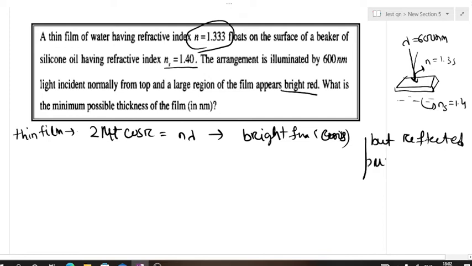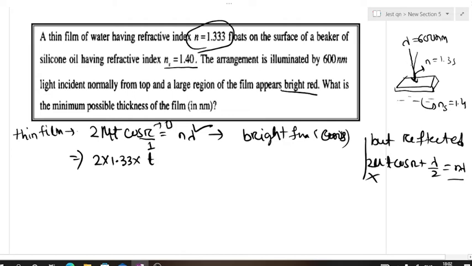That will be 2 mu t cos r plus lambda by 2 equal to n lambda. But this is not the case. This is a case where there is no reflection. So 2 mu is equal to 1.33 into t we have to solve, and this will be 1 because r is equal to 0.